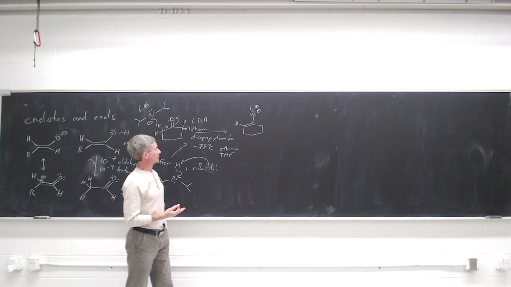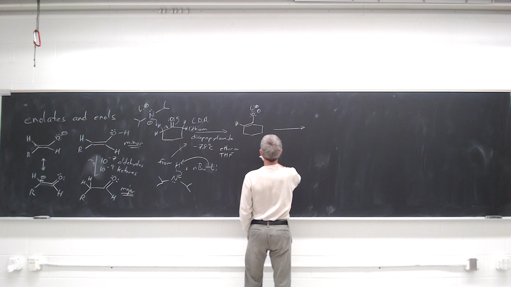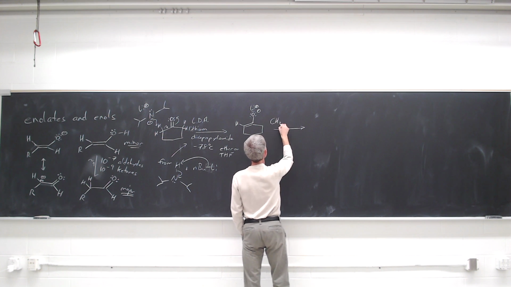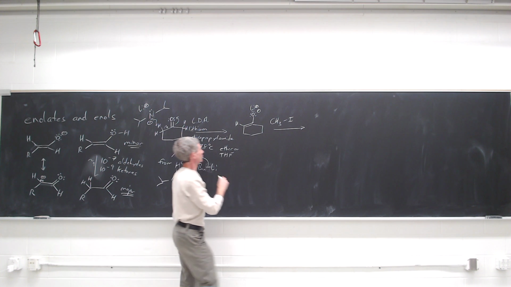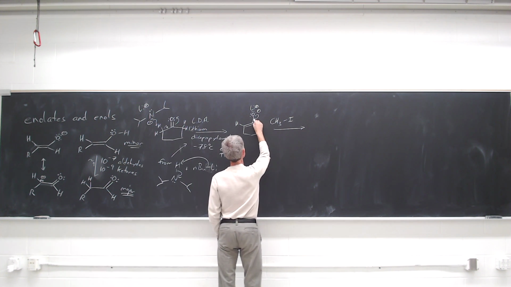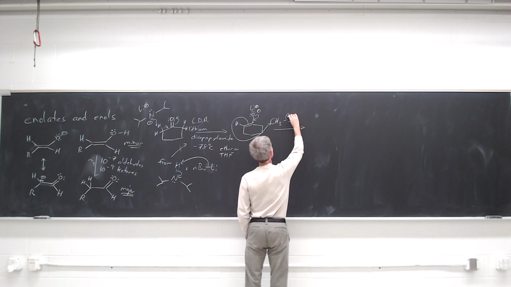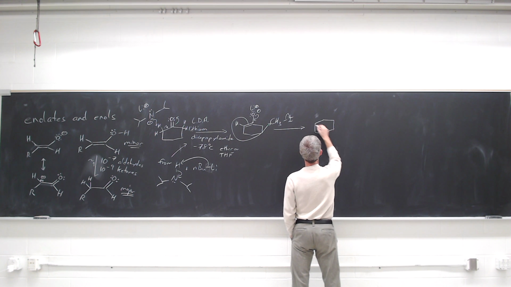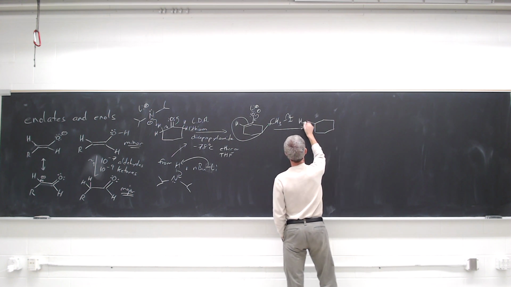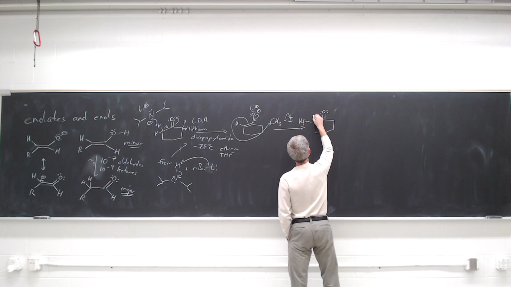Once you form this enolate, it can react with alkyl halides, for example, to do an SN2 displacement reaction where the pi bond comes in and displaces iodide to form an alkyl carbonyl compound.